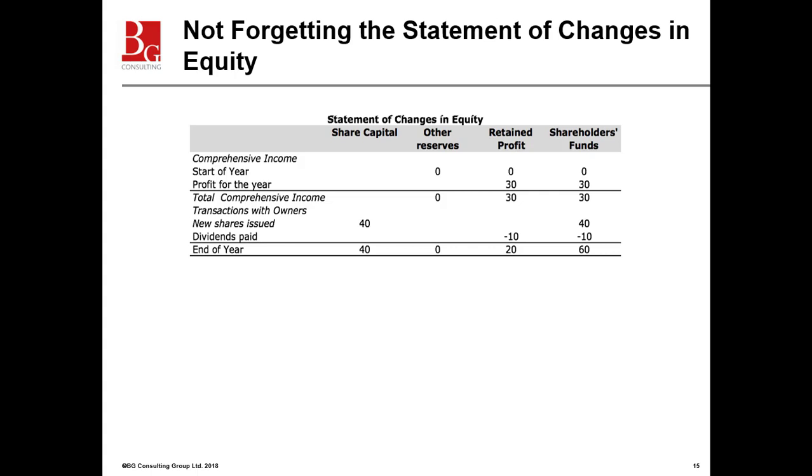Over the year, what happened? You can see that share capital went up by 40. That was the new shares issued. Retained profit went up by 30, the profit for the year, and then down by 10 for the dividends paid. The end value for the year was 20. And your shareholders' funds is just the overall total.